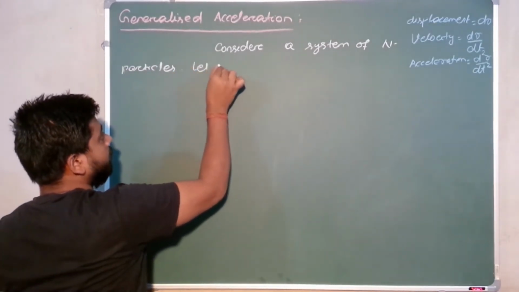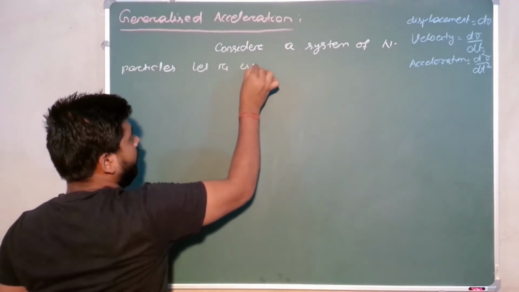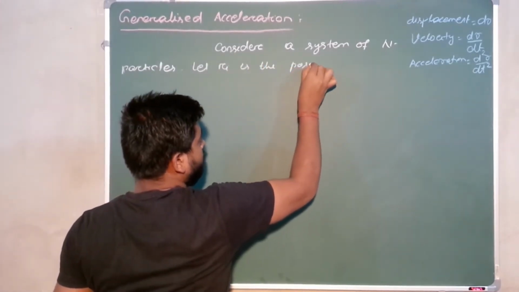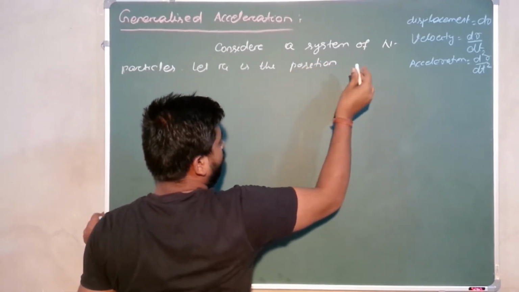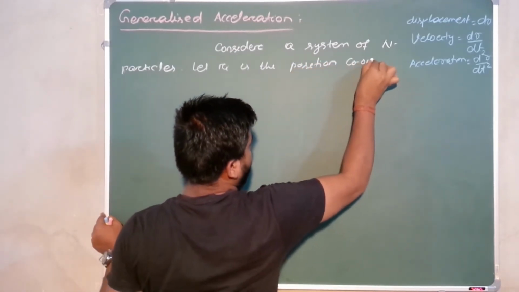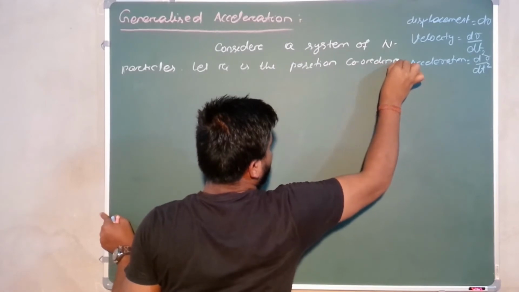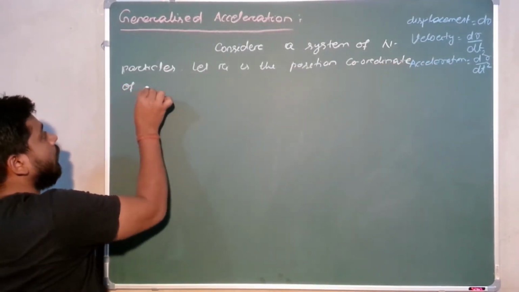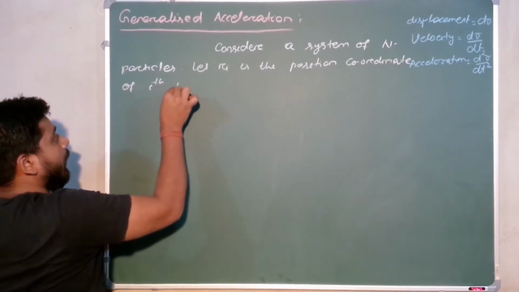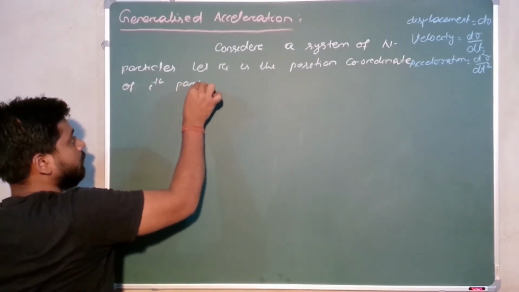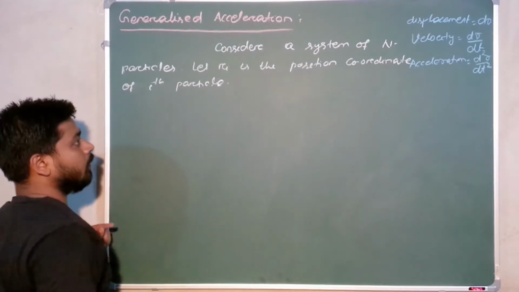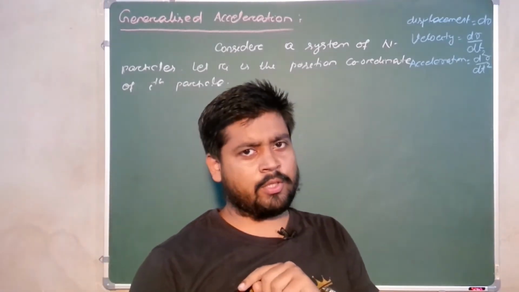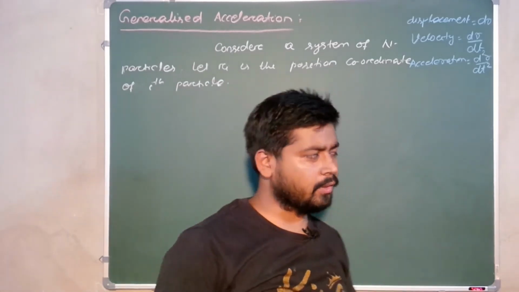Let Ri be the position coordinate of the ith particle. Then the position coordinate of the first particle is R1, the position coordinate of the second particle is R2, and so on.